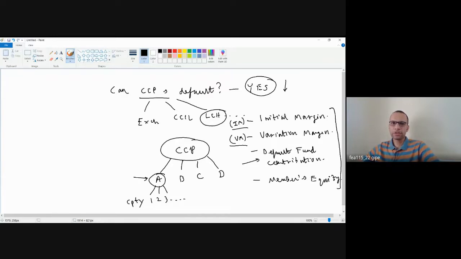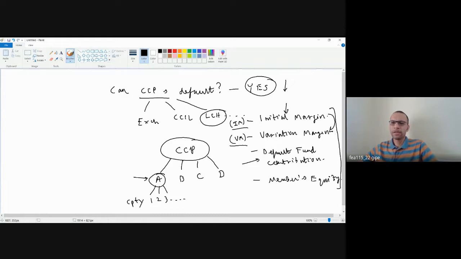So if a default is to happen, imagine that there is a default, then the first layer which is going to absorb the default will be the initial margin. Now imagine that initial margin is not sufficient to absorb the level of default. Then the variation margin will be consumed. Now imagine the default size is even bigger and variation margin is not sufficient.